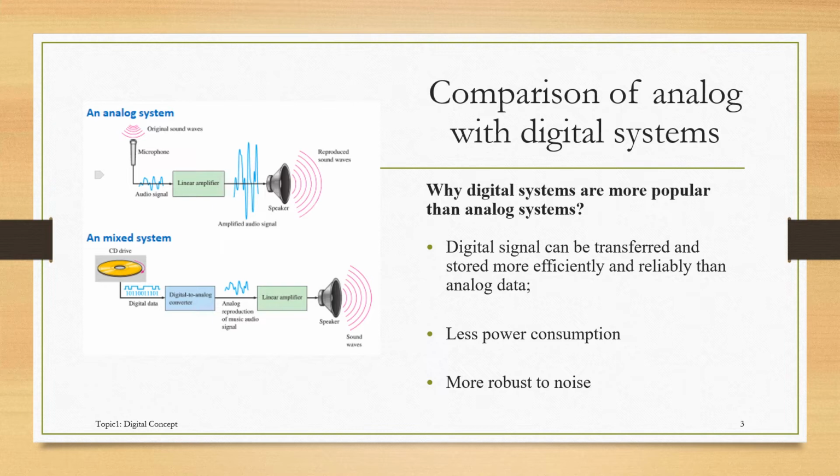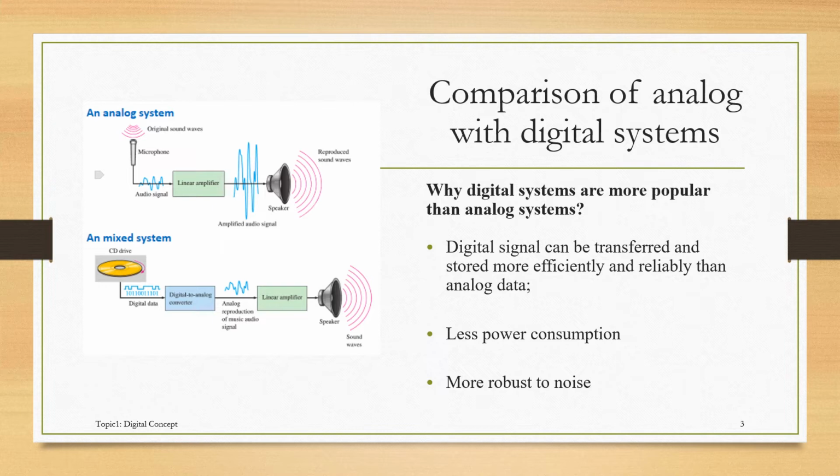Then those analog signals will go through a device called a linear amplifier to be magnified. Finally, a speaker will convert the magnified signal back to sound waves. That's how we hear the magnified sound.